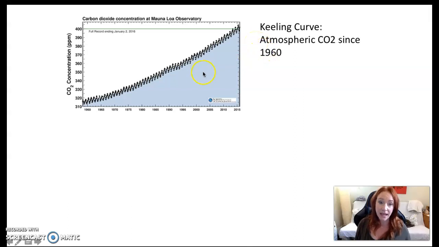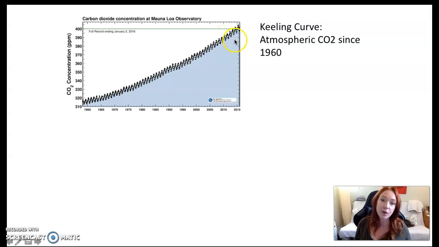atmosphere today and yesterday. So when they started analyzing and graphing this data, they noticed that back in 1960, the concentration of carbon dioxide in the atmosphere was right around 300 to 320 parts per million. Over the years, as they have measured it, it has increased almost exponentially until today.